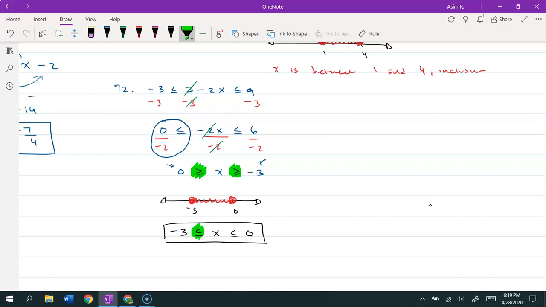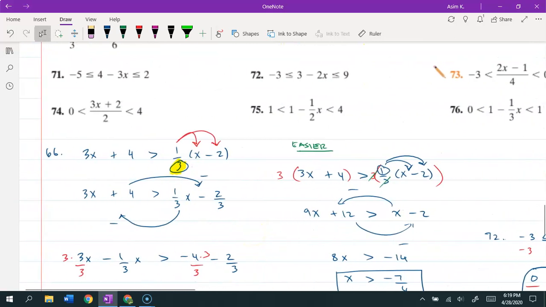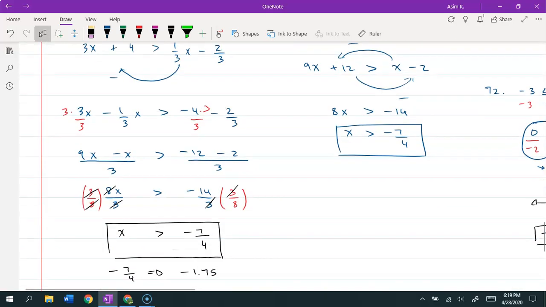You want to always write them in this notation. What that does is it puts the lesser number on the left side and the greater number on the right side. Right? So it's a better way to go about it. And number 72 initially just looked kind of weird, but we fixed it, and this is how it's supposed to look. All right, let's try number 74.